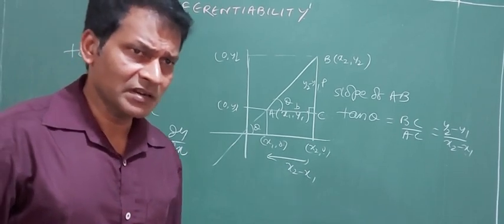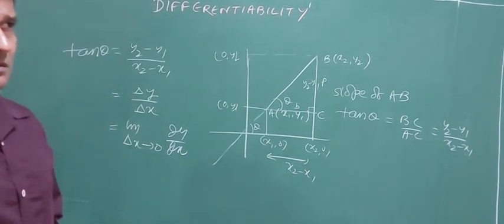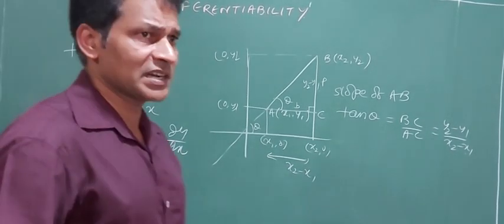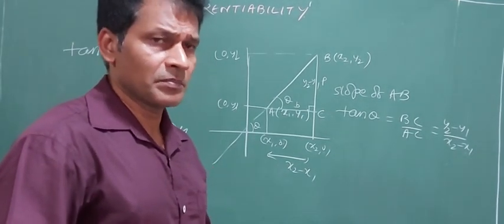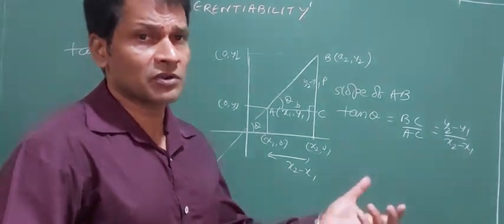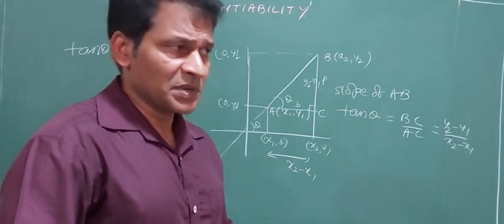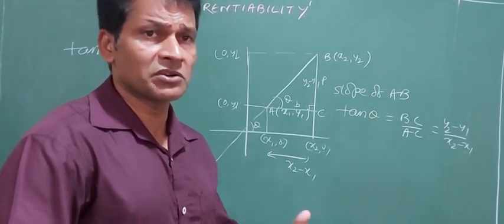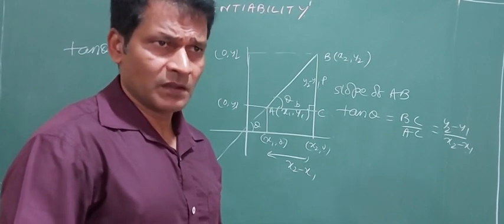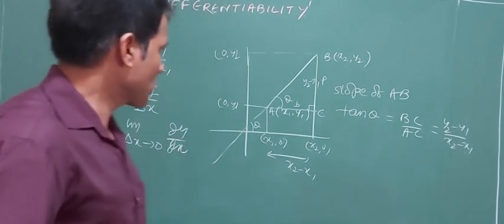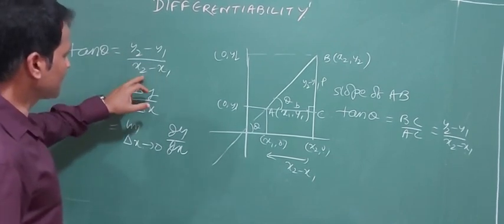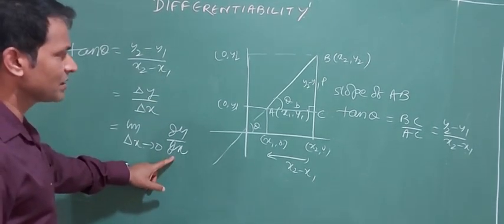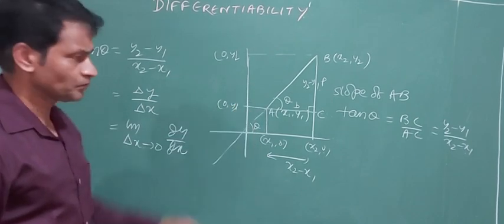We are finding dy by dx. That means the word differentiability, practically we will see, differentiation is going to come out of it. Differentiation means the relationship between two variables. So literally we can see that slope is equal to y2 minus y1 by x2 minus x1, which is dy by dx. That already people know.